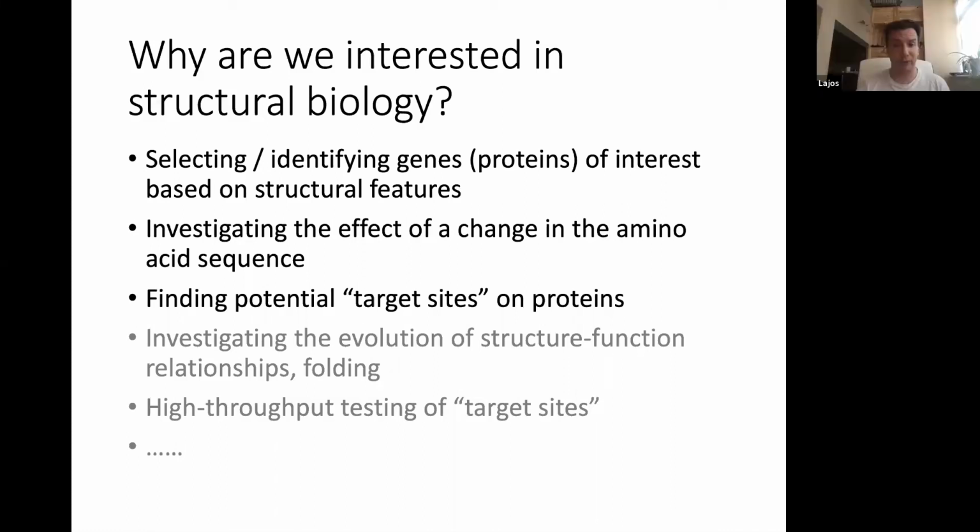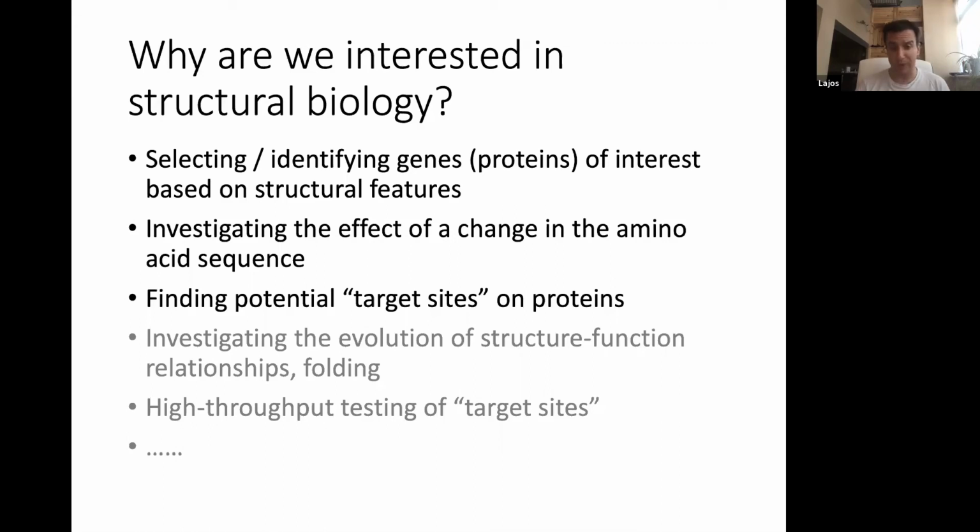This is especially true if you are looking for disease-causing mutations in humans. So that's one of the main reasons why you are going into protein structural biology, because you try to identify or investigate the effect of that particular amino acid change within the protein.